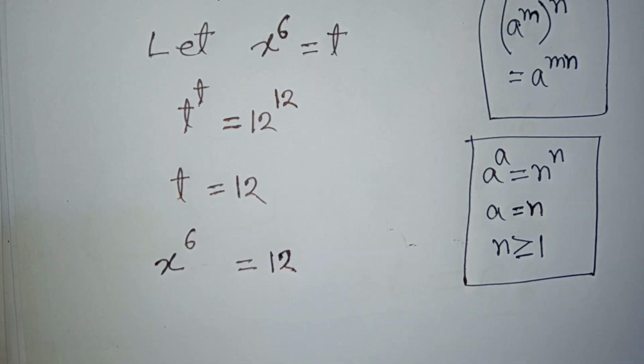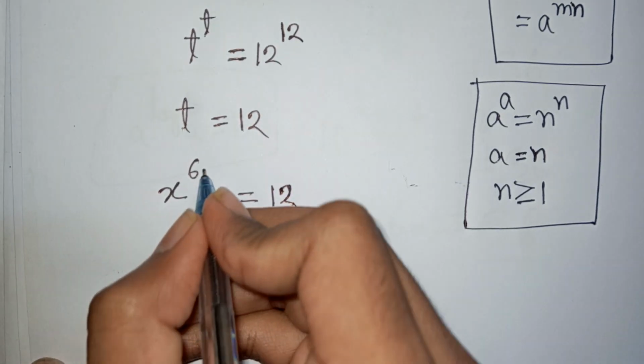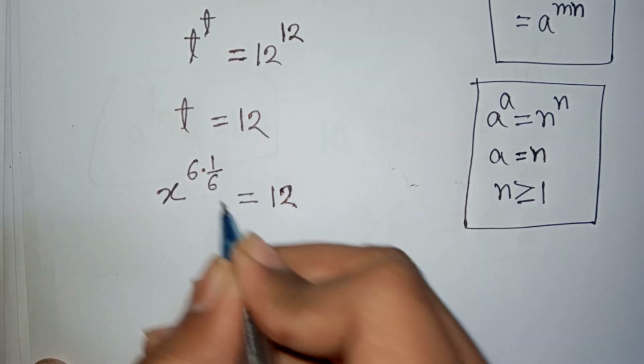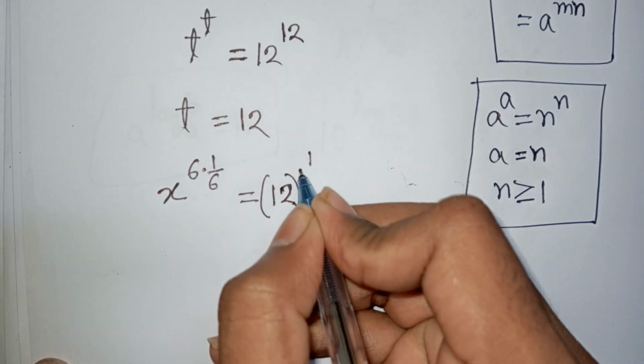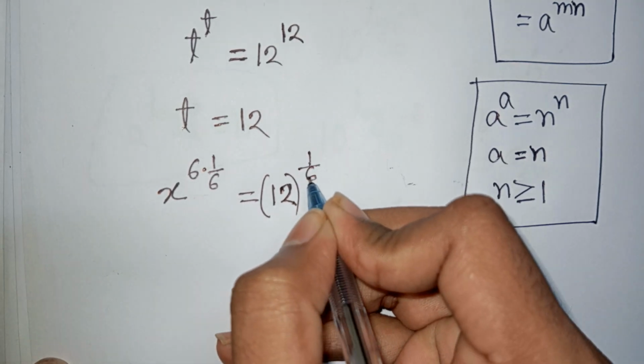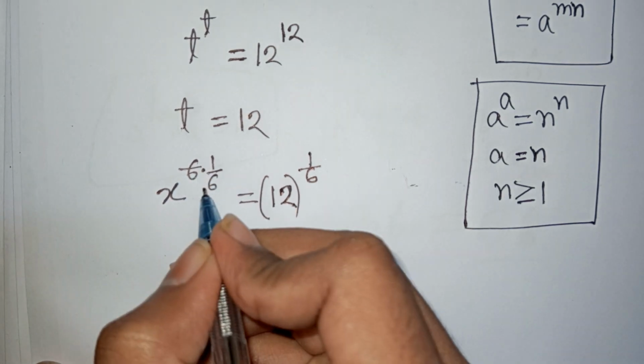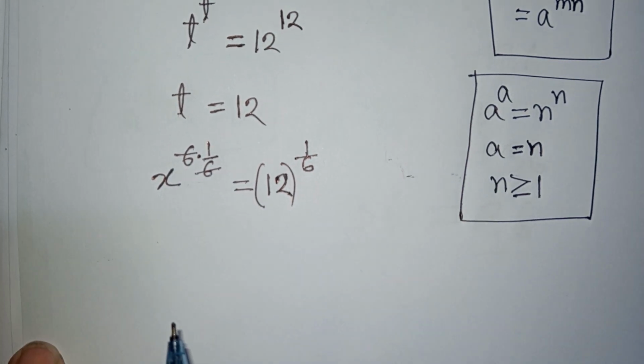Now we need the value of x. So we multiply by power of 1 by 6 on both sides. Now this will be cancelled.